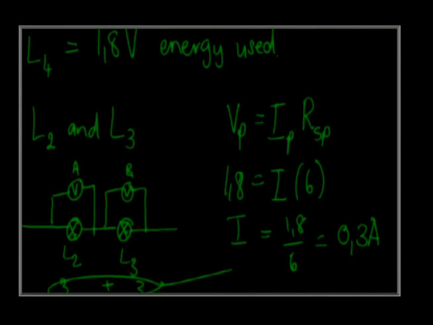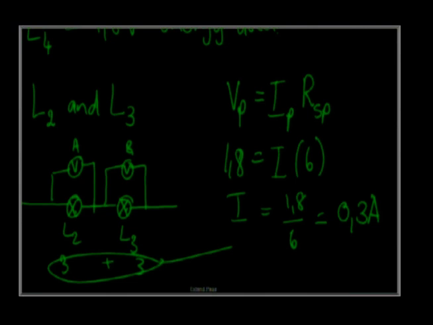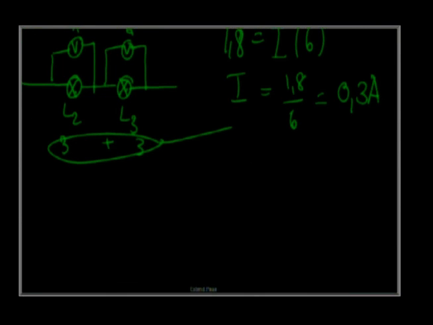Now if you use that 0,3 ampere, that is going to be the current for light bulb 2 as well as light bulb 3, and that gives you your potential difference for A. Your potential difference for A is going to be equal to the current through light bulb 2 multiplied by the resistance for light bulb 2.